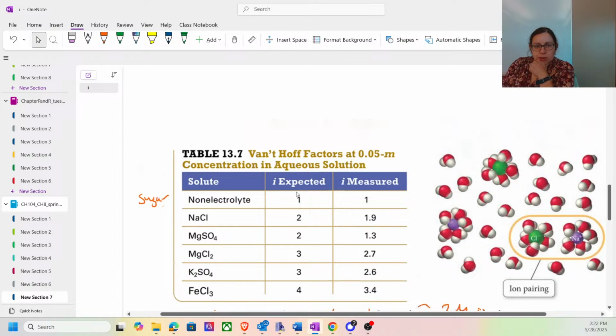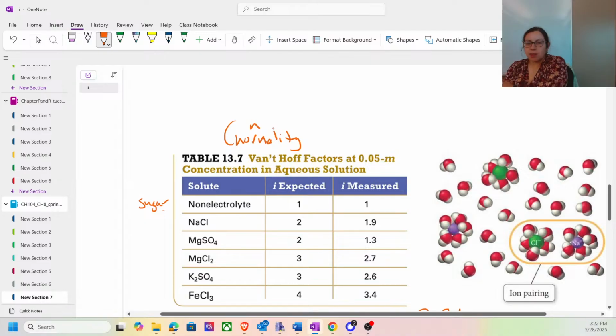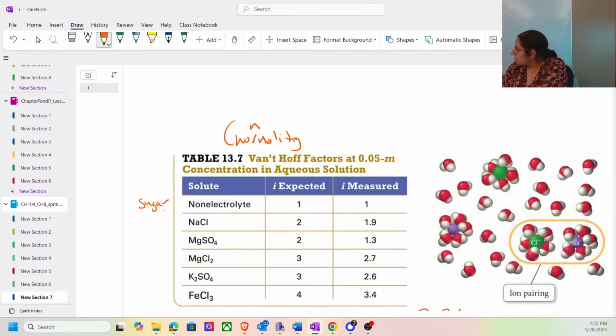And then other industries may care about this. I'll put normality as an aside here. This is a unit we don't necessarily talk about in here, but I've seen this used in industry, especially like Ericsson down the road, that company that does plating.